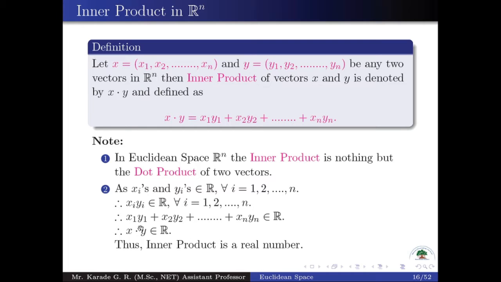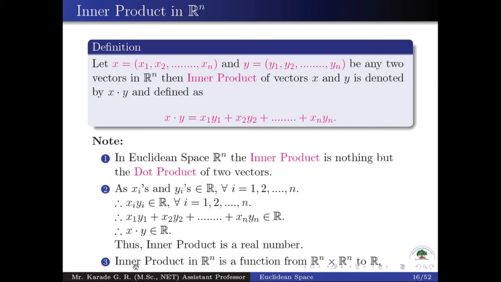Therefore x1 y1 plus x2 y2 plus ... plus xn yn belongs to R. But this is the inner product x dot y. Therefore the inner product x dot y belongs to R. Thus the inner product is a real number. So this is about the definition of inner product.